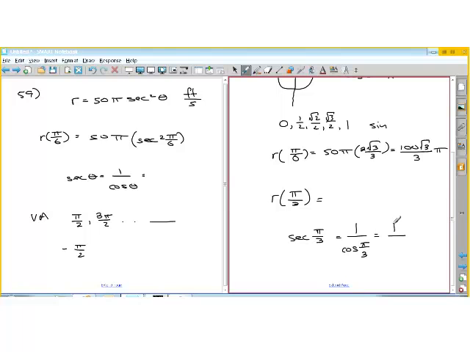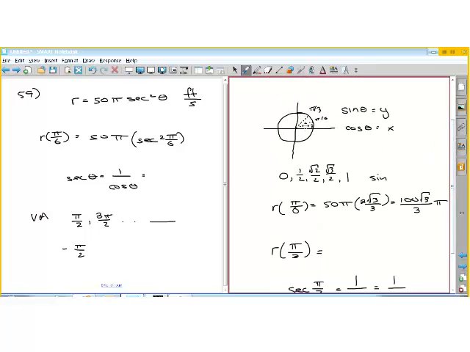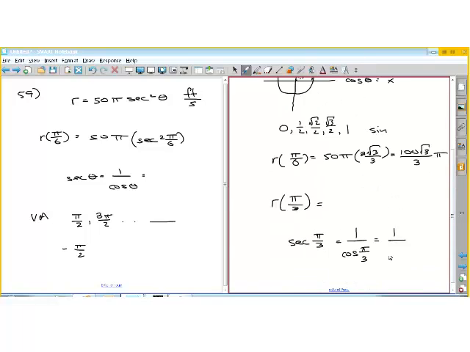Let's go to the unit circle. So here's pi over 3. Well, it looks like x equals a half, so it's a half. So you divide by half. Same thing as multiplying by 2, so you get 2. So the secant of pi over 3 is 2. So you get 50 pi times 2, which is 100 pi.